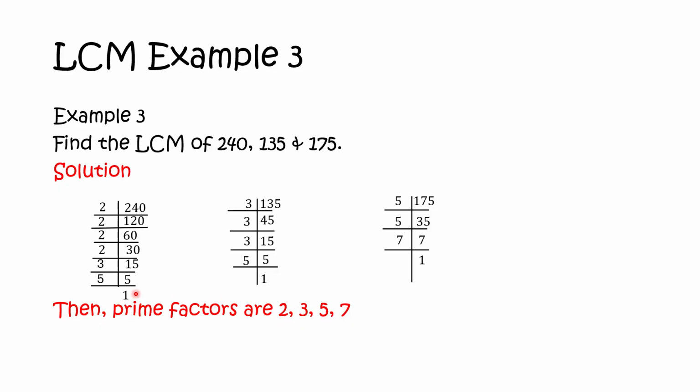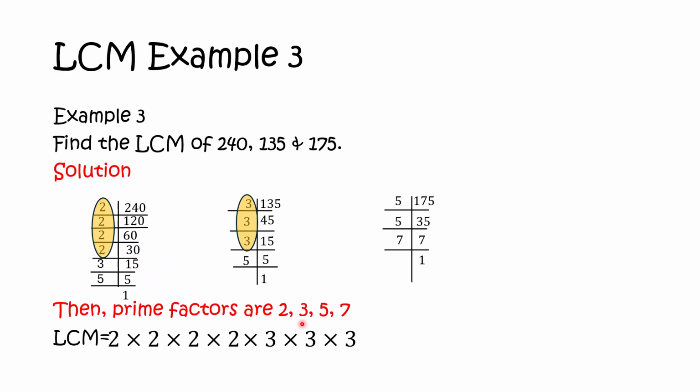So we select where 2 appears the most, and that happens to be in 240. So 2 appears 4 times in 240. Then we go for the 3. 3 appears the most in 135, appearing 3 times. So we select that.